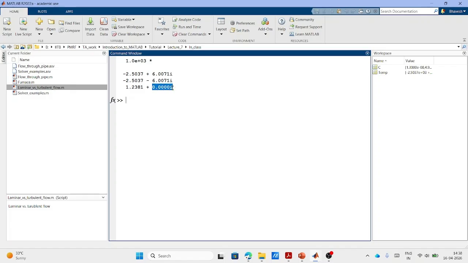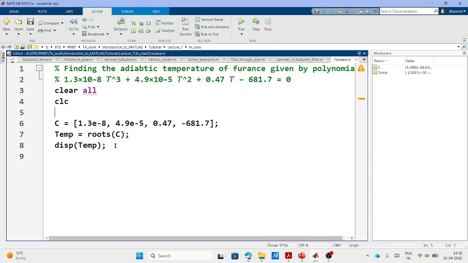Because the imaginary part has a 0 multiplication, right? So only the real part will be considered, which is 1.2381 into 10 to the power 3. So your adiabatic temperature will be, sorry, 1238.1 Kelvin, right? So this is how you can use the roots command.